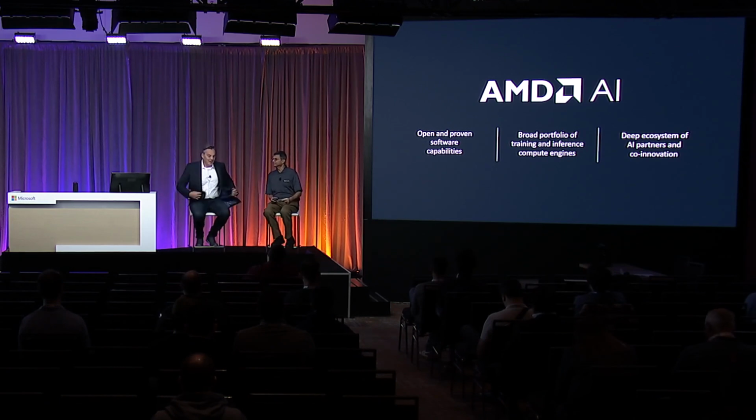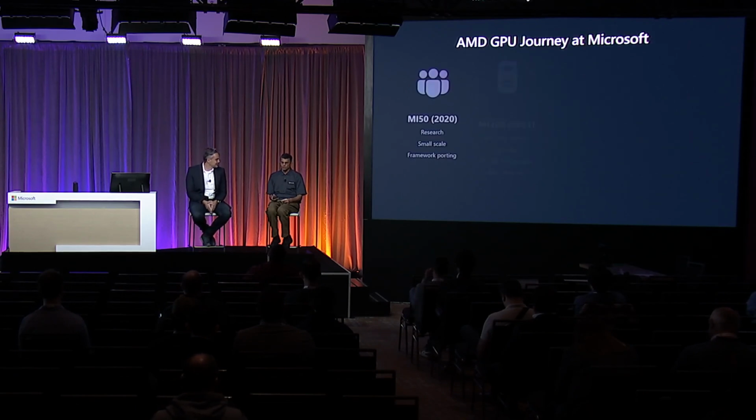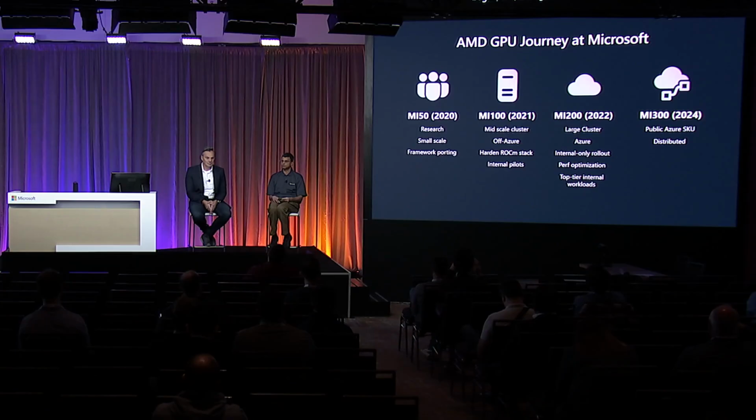So Gopi, from what I understand, Microsoft has been using AMD infrastructure going back to the MI100. Is that correct? Yeah, actually, it goes back even further than that. Our journey with AMD began a long time back, almost 2019, when our researchers started taking a look at Radeon cards, which I believe was the first card that actually supported machine learning workloads in the ROCm stack.